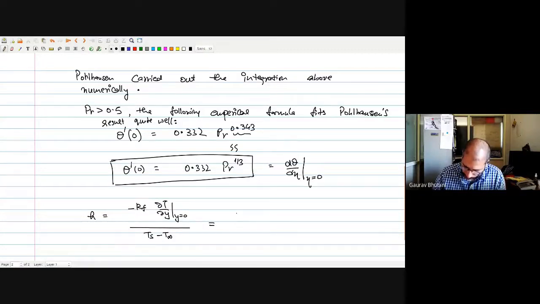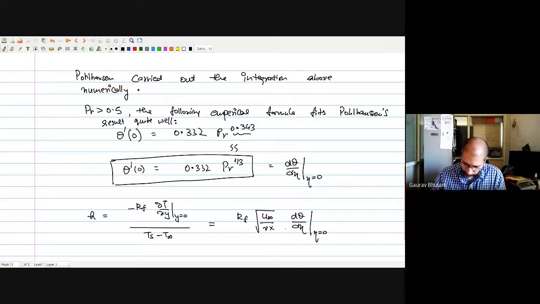So now we can use the non-dimensional ideas. I think we already have done that, so I'm just repeating that. So this gives me kf, and then we get a square root u infinity upon nu x, and then you have d theta by d eta at eta equal to 0.